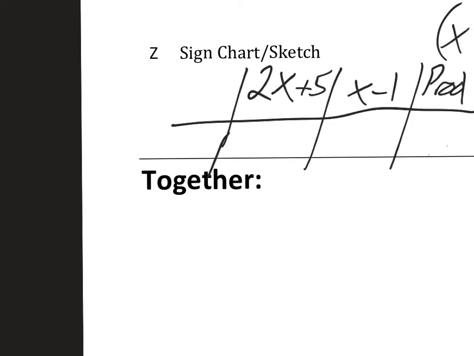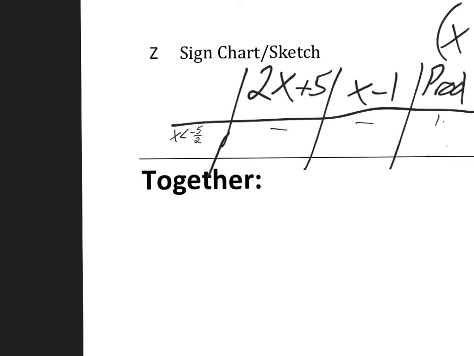I'm going to write down that I have x is less than negative 5 halves. What is a number that's smaller than negative 5 halves? We could put negative 3, or negative 4. So that would mean that this is negative and this is negative.